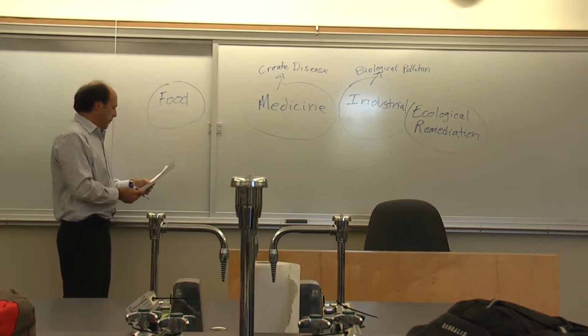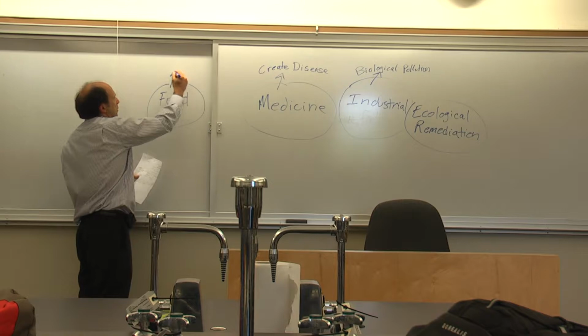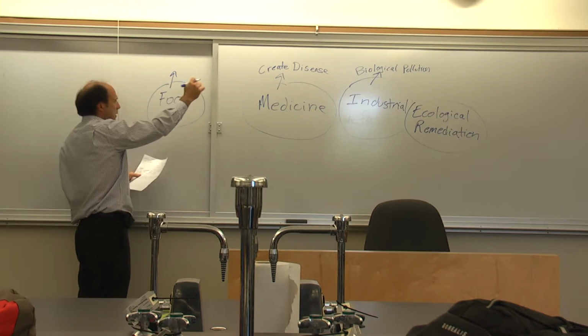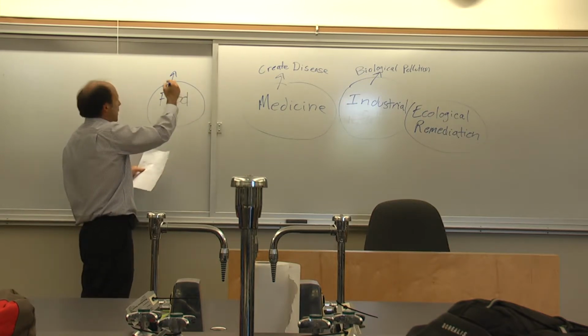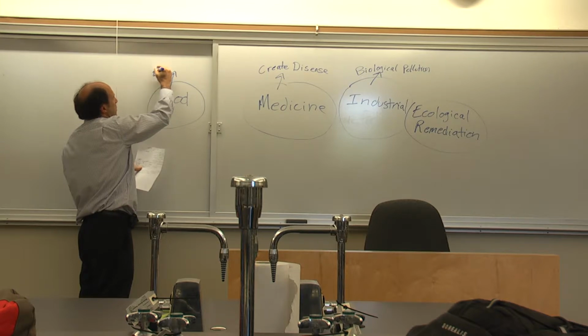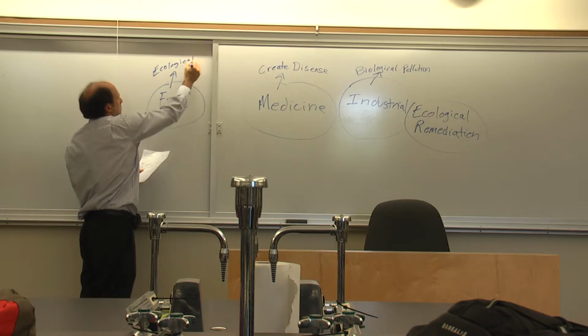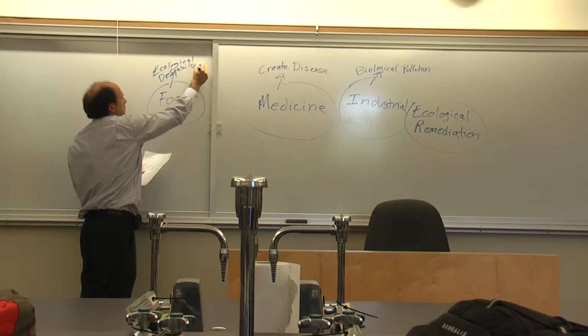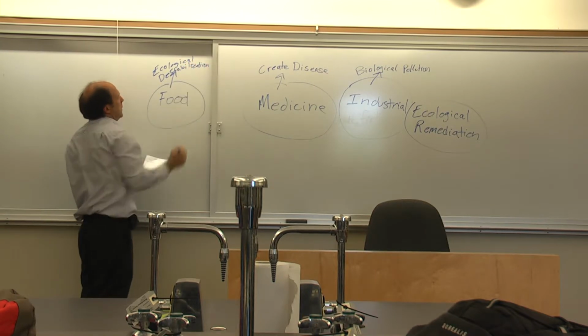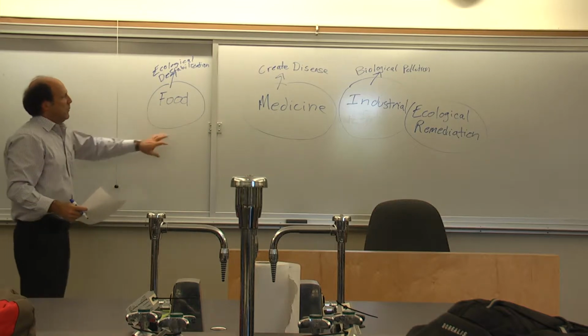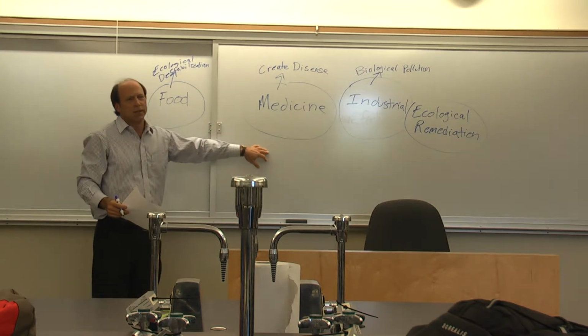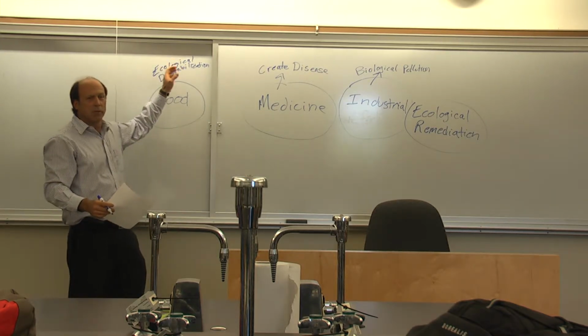And then the food production thing, of course, is kind of related to the biological pollution, but there could be some ecological ramifications of that. Call it ecological destabilization. So those are problems. Whenever you come up with solutions, you also create new problems.